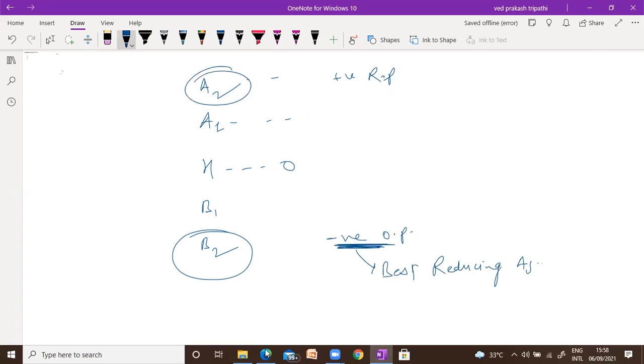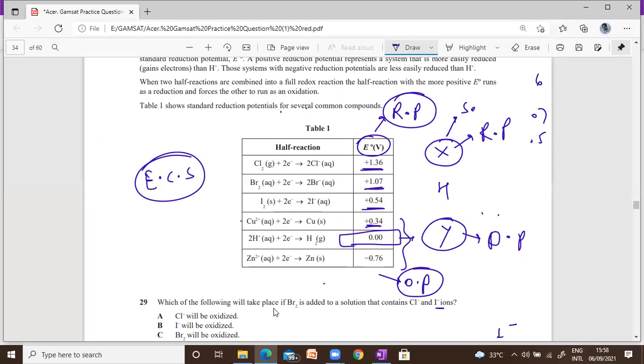While this one is the best oxidizing agent because it is present above. So this is all about the electrochemical series. If you look at this question, you can say here hydrogen has 0. So zinc can reduce hydrogen because zinc is present down.